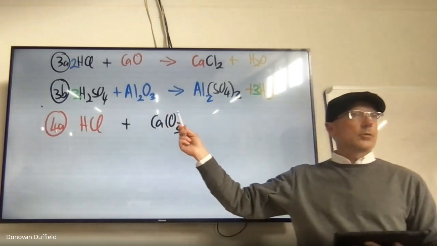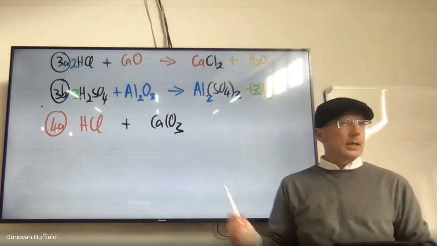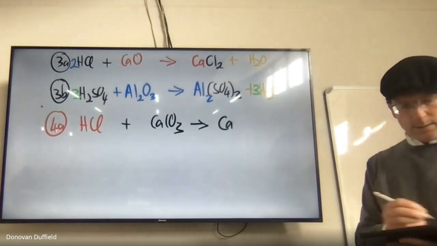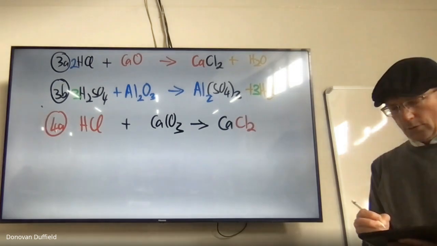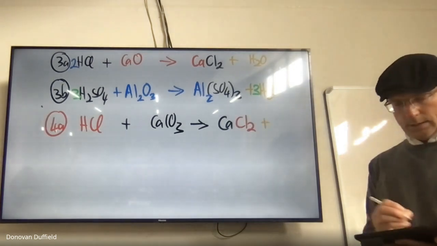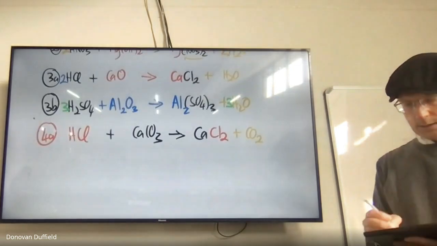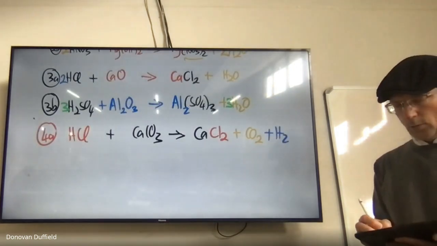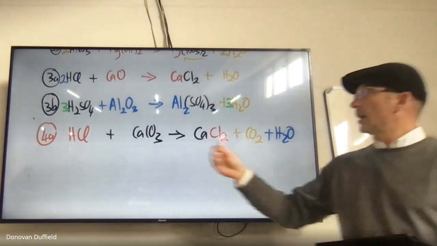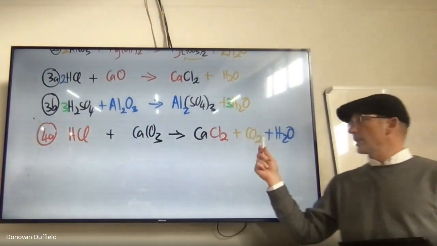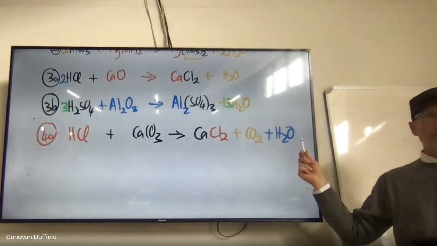Calcium is plus 2, carbonate is minus 2, so it's CaCO3. We'll end up with CaCl2 plus CO2 plus H2O. Why do we know that? Because this is a metal carbonate plus an acid. It produces a salt, plus carbon dioxide gas, plus water.